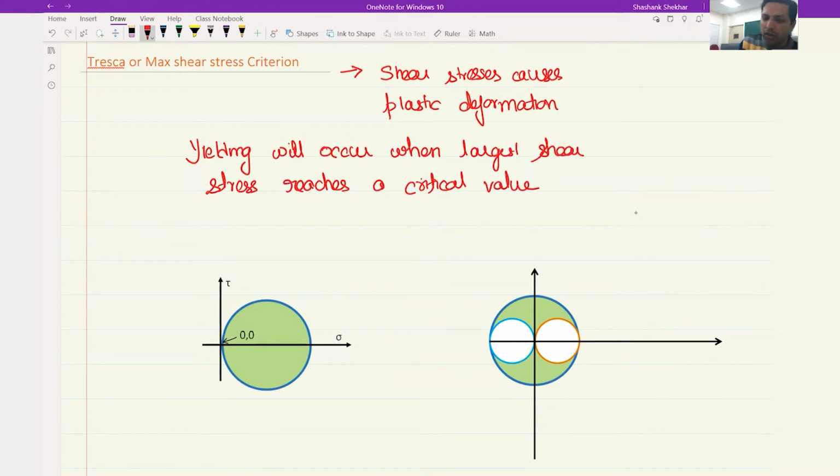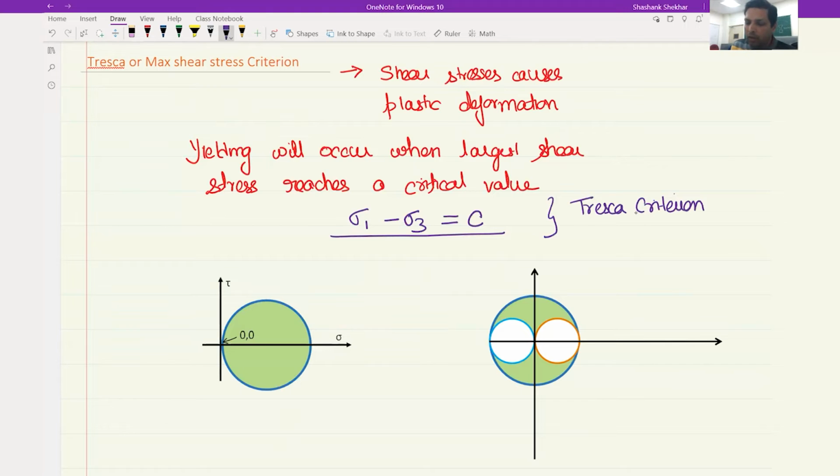Or in other words, we can write that sigma 1 minus sigma 3 should reach some critical value C. This becomes our max shear stress criterion, or the Tresca criterion.